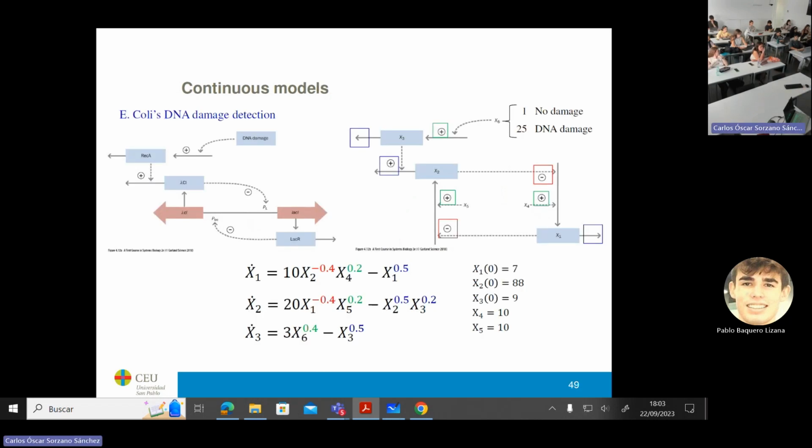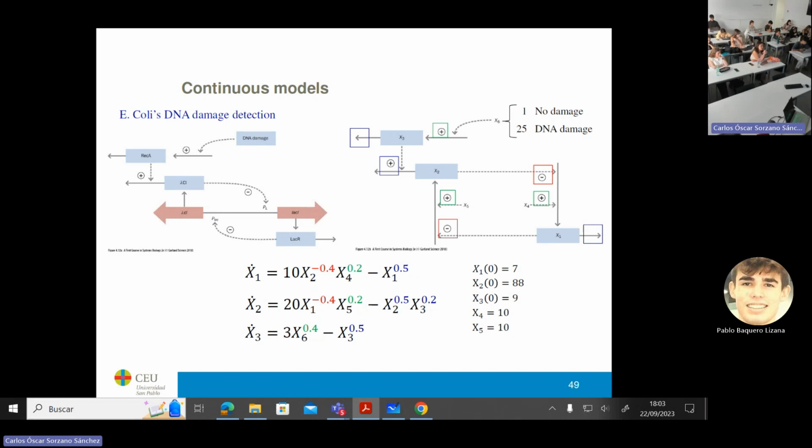So X3 has X6 to a power, and then some coefficient, and then it degrades. Okay, that's fine. Now X2. X2 is affected by X5 in a positive way. It is affected by X1 in a negative way, and it has some coefficient.